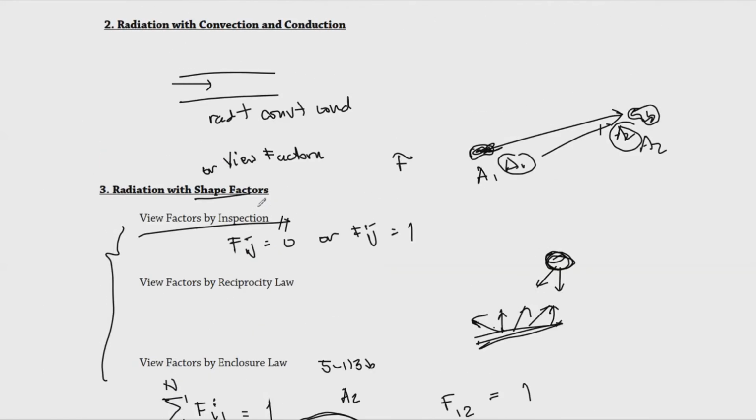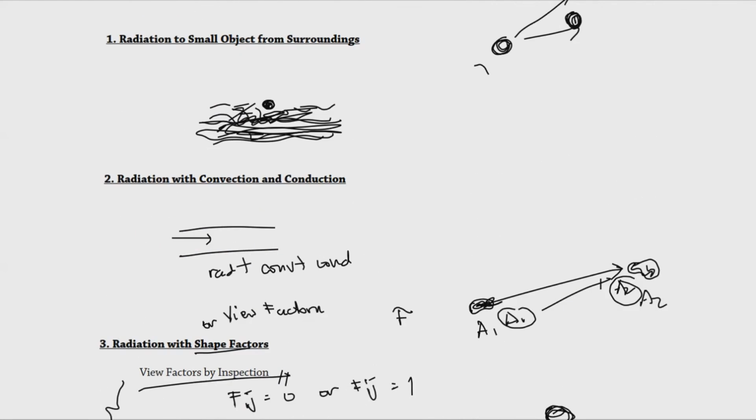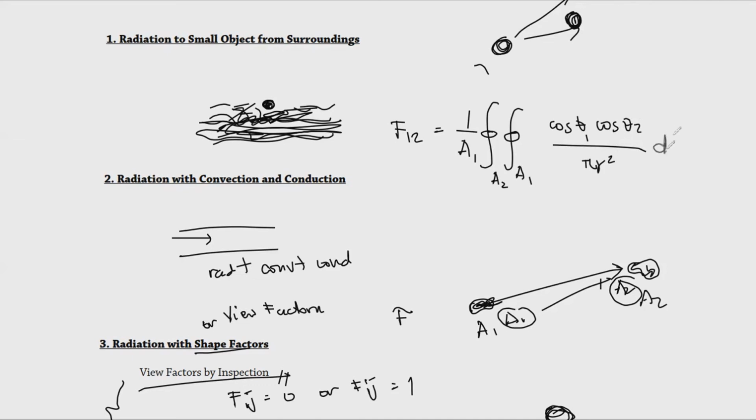Contour integration happens when you need to find the view factor, and in general the view factor of a certain material is equal to 1 over the area 1, because we started with 1, and then we take the double contour integral over area 2 and area 1, multiplied with cosine theta 1 and cosine theta 2 divided by pi r squared, dA1 dA2.